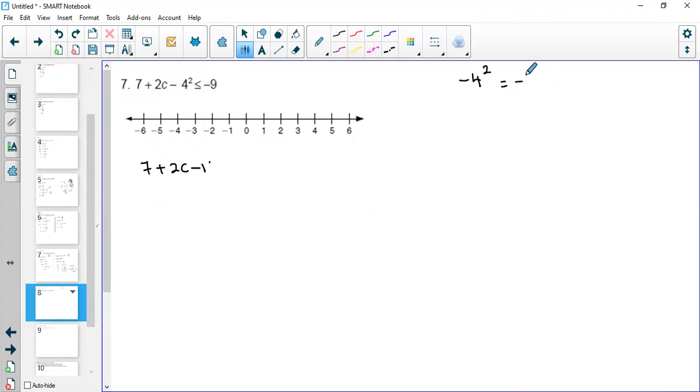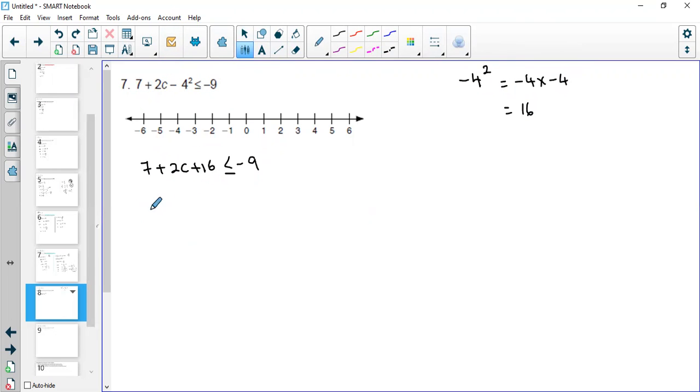So -4 squared means -4 multiplied by -4, not just 4 multiplied by 4, which is going to give you a positive 16. Is less than or equal to -9. If you do this wrong, the whole question goes wrong, so you need to take care when you are solving exponents.